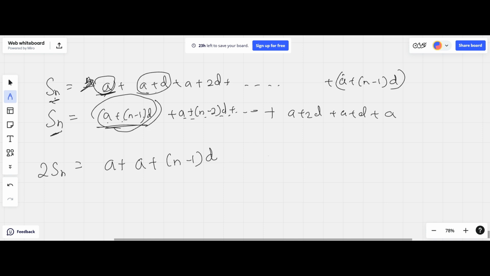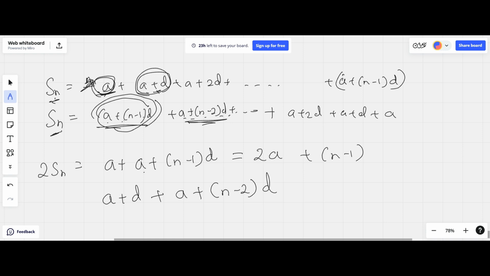Likewise it goes on, so here a plus d, plus this one, a plus n minus 2 into d. If we add it, a plus a, 2a plus n minus 1 d.